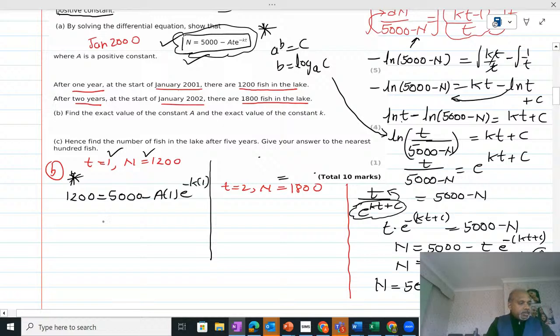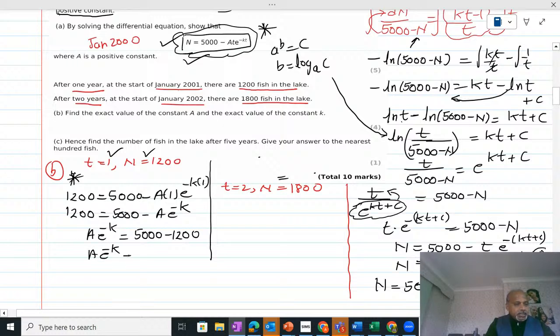So 1200 equals 5000 minus A e to the power minus k, or we can make A e to the power minus k the subject. So A e to the power minus k equals 5000 minus 1200. So we got A e to the power minus k equal to 3800.